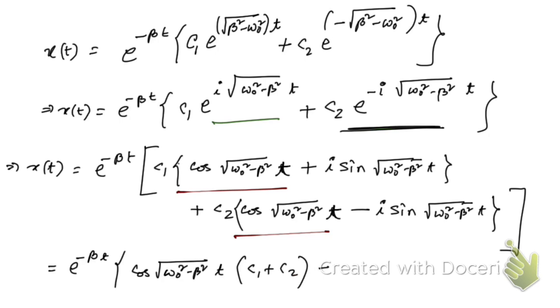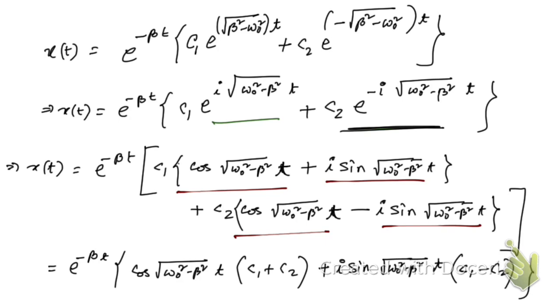On the other hand, if you take this common from the sine terms, you get c1 minus c2 because there is a minus sign. Hope you have understood this. Then i sin root over omega naught square minus beta square into t, and within the bracket we have c1 minus c2. That's what we're going to have.